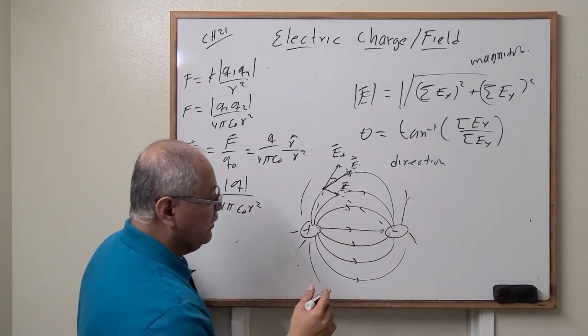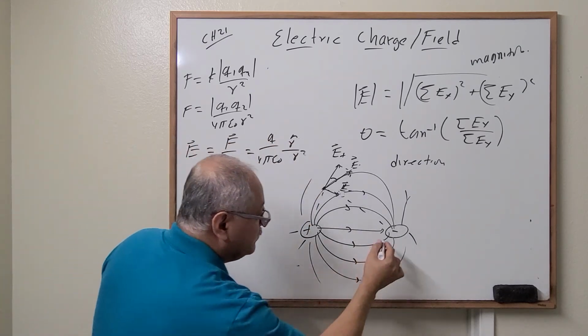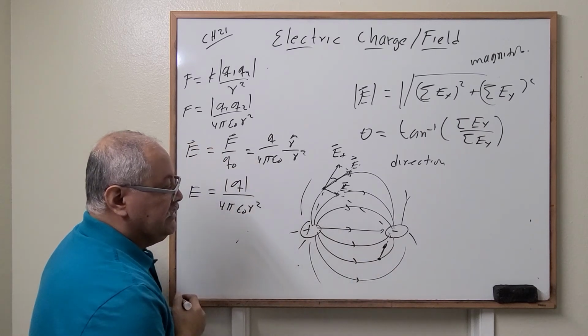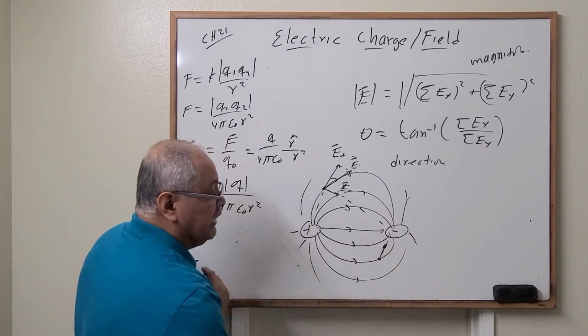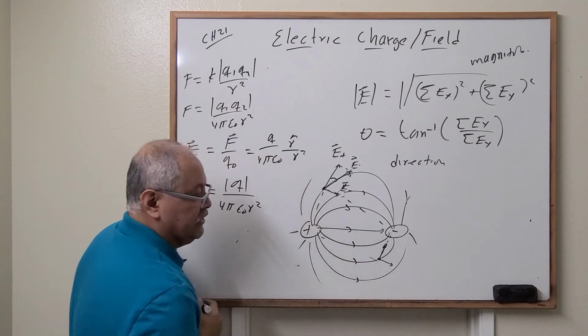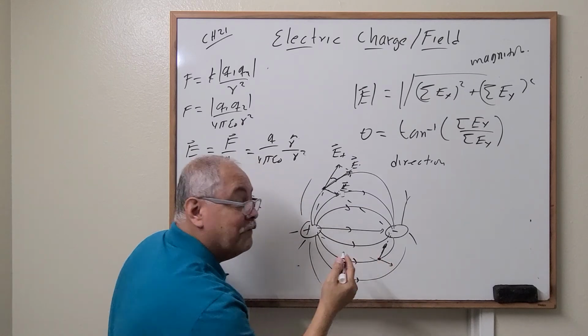Correct? Imagine we have another point right here. What should be the electric field? In this case, it is attracted toward the negative charge, and in this case, it goes away from the positive charge. So what should be the net electric field?